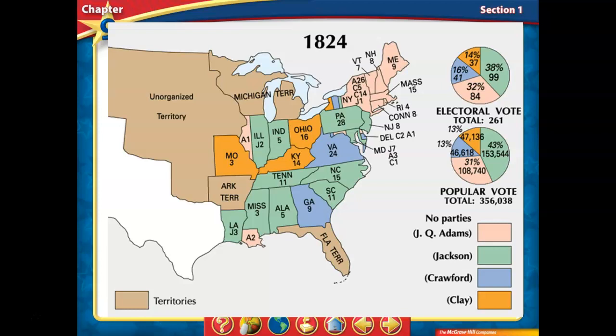He calls it the corrupt bargain, which I really don't believe too much, because John Quincy Adams was pretty much uncorruptible. He did whatever he thought was best, and he didn't really care about money. But anyway, he calls it a corrupt bargain because the Speaker of the House is Henry Clay. This individual right here.